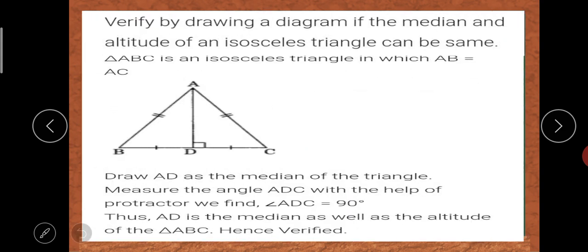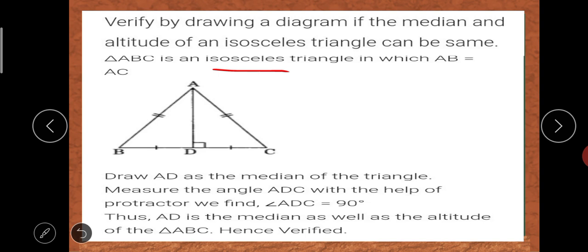Next, verify by drawing a diagram whether the median and the altitude of an isosceles triangle can be the same. Triangle ABC is an isosceles triangle in which AB equals AC, meaning two sides are the same.